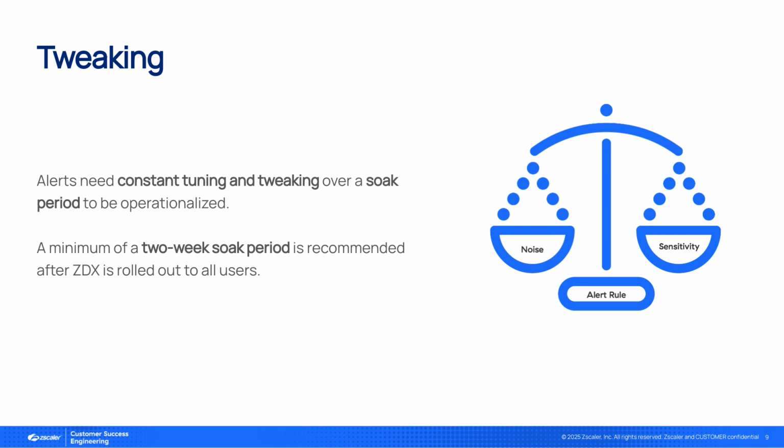As such, new alert rules will almost always require a period of constant tuning and tweaking over a soak period, during which their values are adjusted until the alerts are neither so noisy that they drown out meaningful issues and create alert fatigue, or so insensitive that they don't trigger during incidents. Zscaler recommends a minimum of a 2-week soak period after ZDX is rolled out to all users.